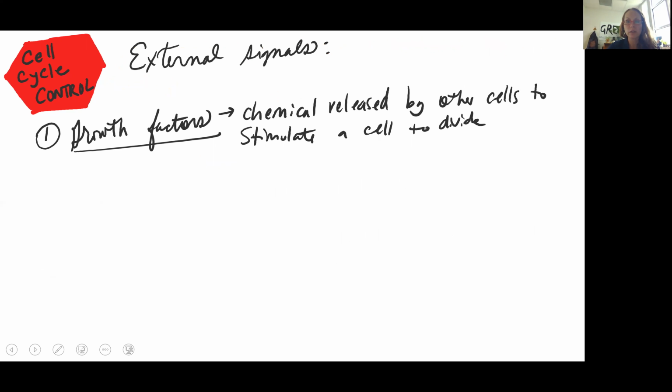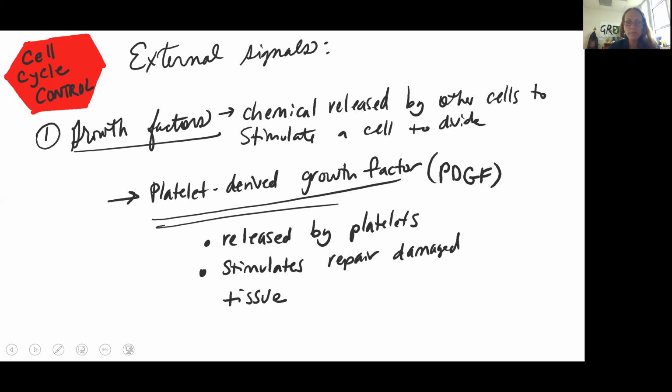Now, these are signals that are happening internally to the cell, but there are external signals that are important for cell division as well. There are growth factors that are released by other cells that are going to stimulate the cell to divide. So this might be something that signals for a cell to go from G0 to G1. This might be something that helps get you past that G1 checkpoint. Here's an example of a growth factor, platelet-derived growth factor.